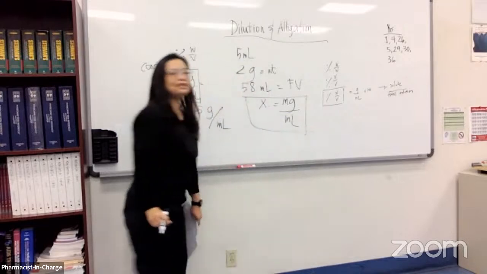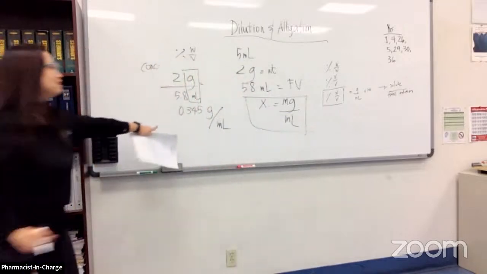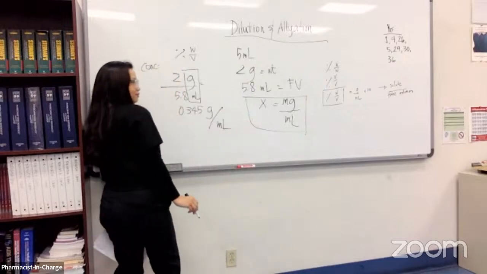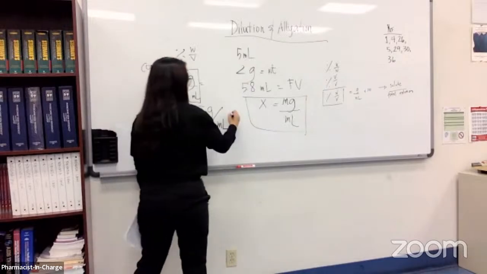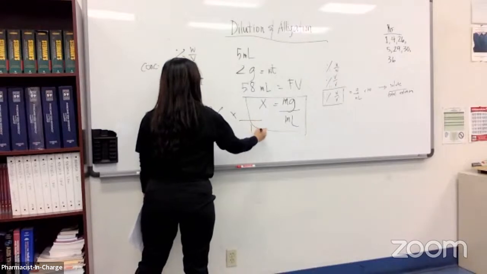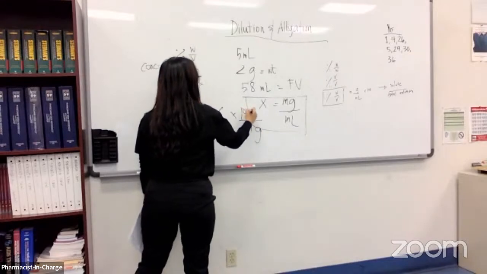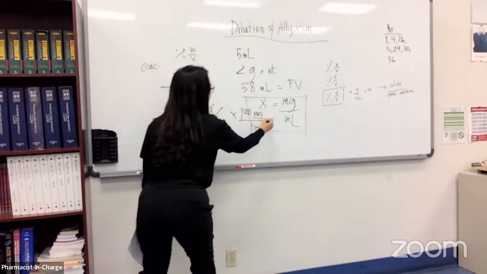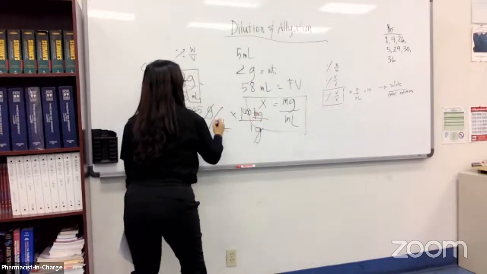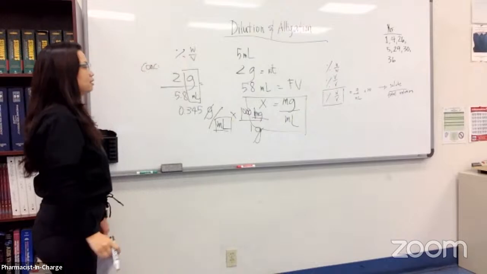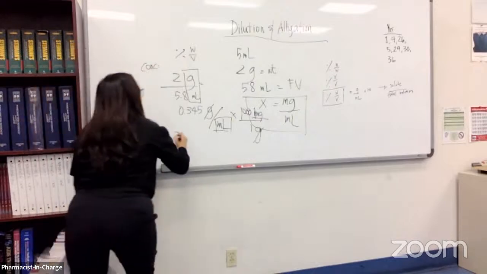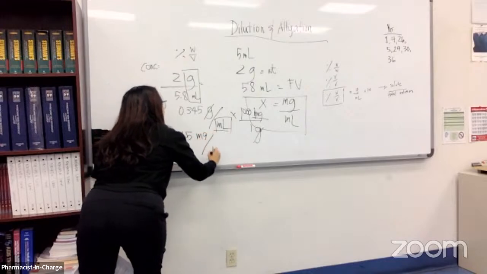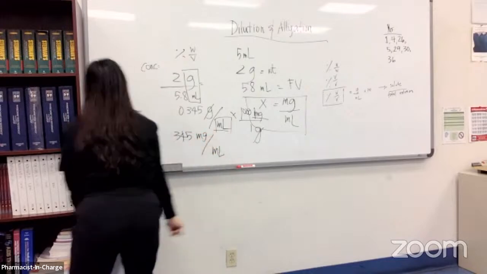How difficult is it to convert this answer to milligrams? Not at all. Then you're left with your milligrams per ml. It becomes 345 milligrams per ml. Cool.